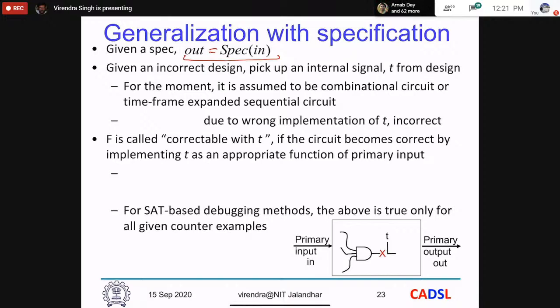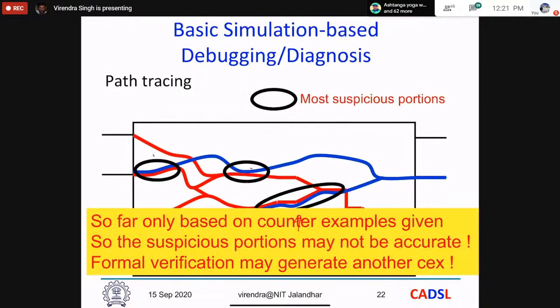Output of my circuit should be equal to the specifications given to me. Then given an incorrect design, pick an internal signal T. Here, if you see that this portion is buggy, let's say I have this gate, so I pick this internal signal.